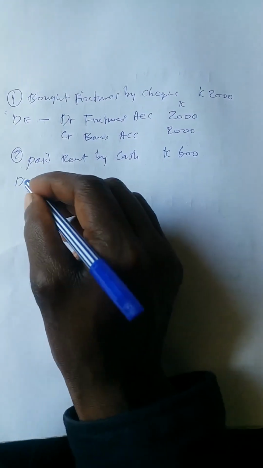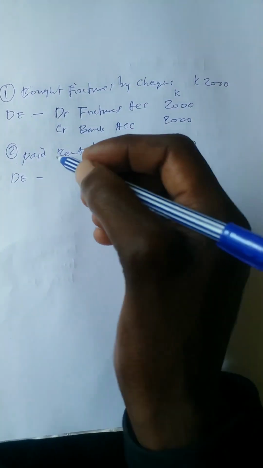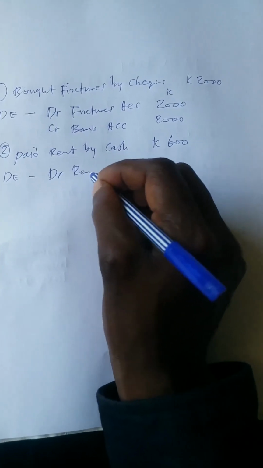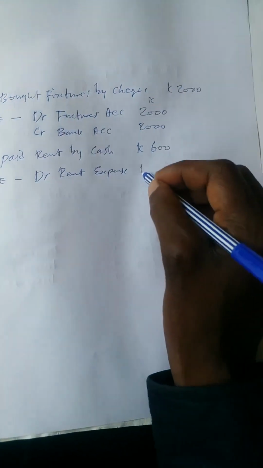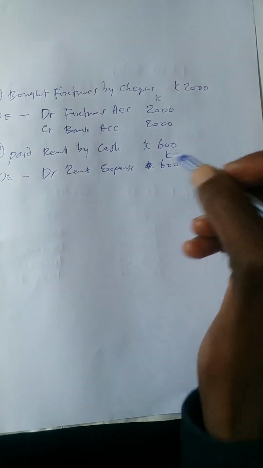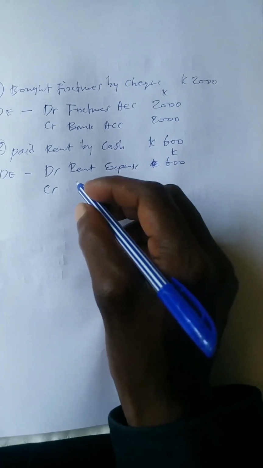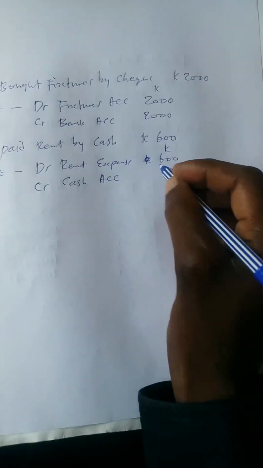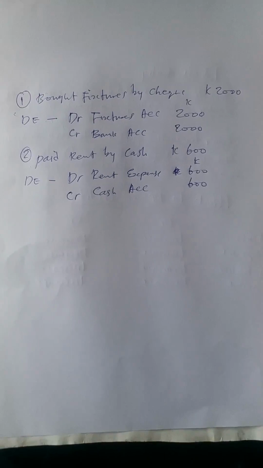Your double entry will be: debit rent, which is an expense account, kwacha 600. Then credit your cash account, since you paid by cash. You credit your cash account, 600 kwacha.